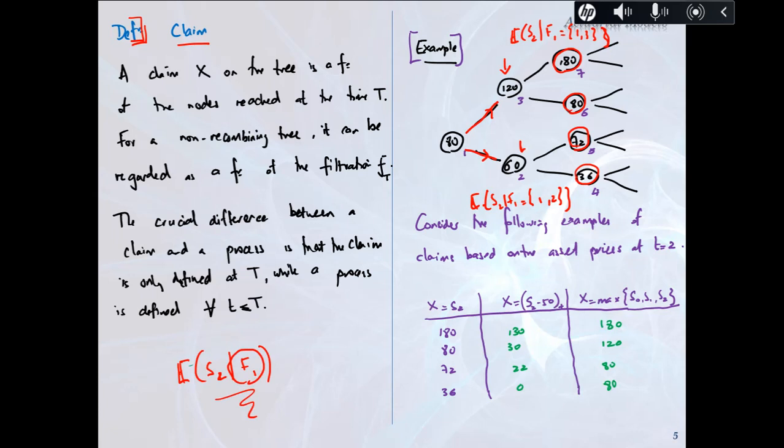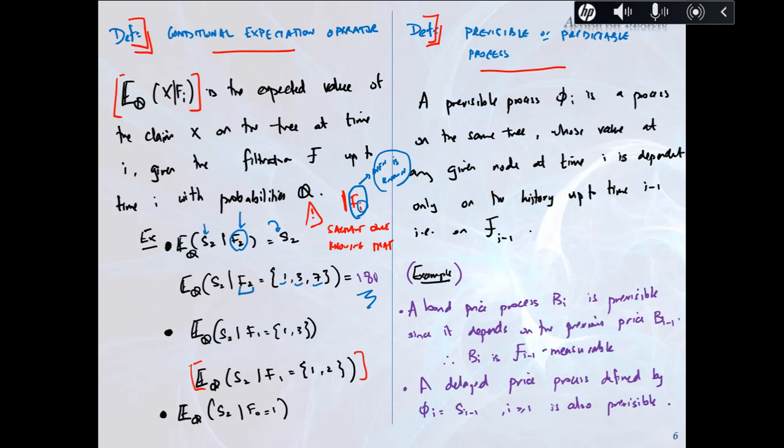So knowing F1 will change the expectation that is working on my S2. This is the example. We have expectation of S2 given F1, here also S2 given F1, but the information included in F1 will determine the value which will be calculated.